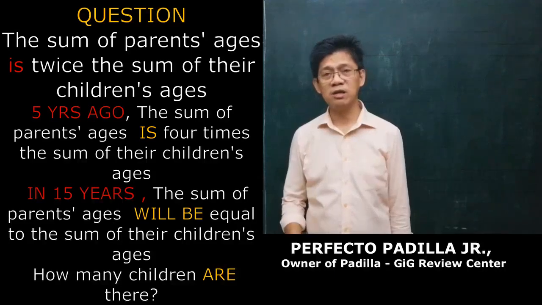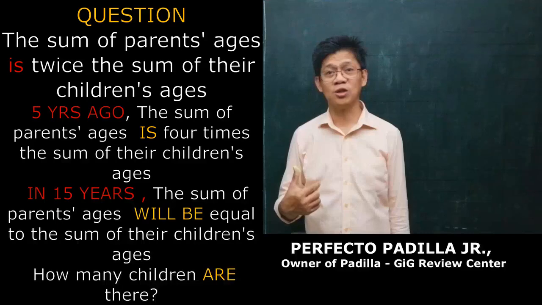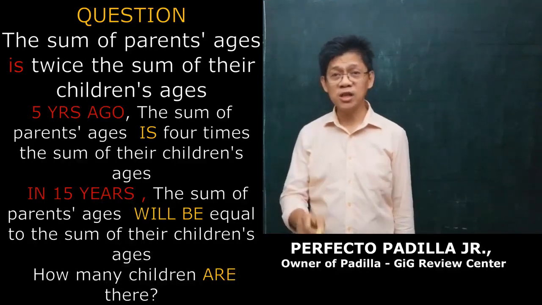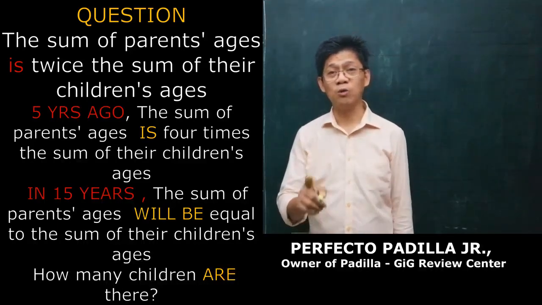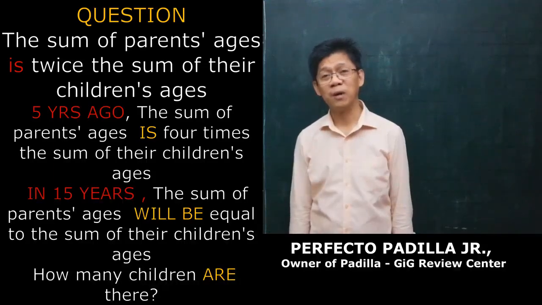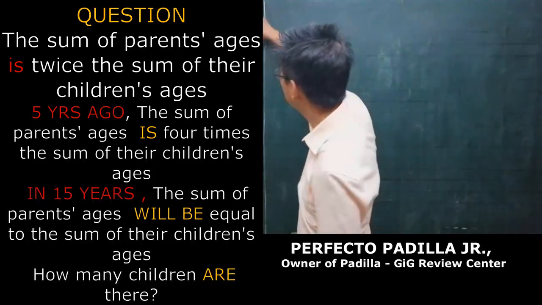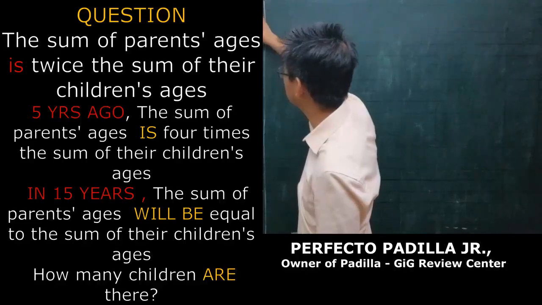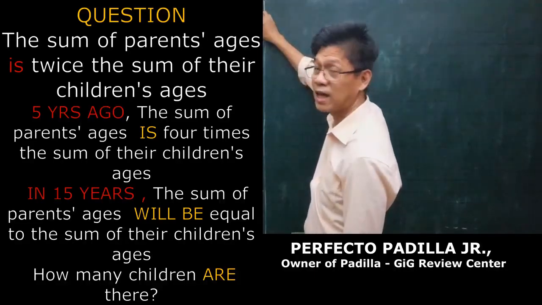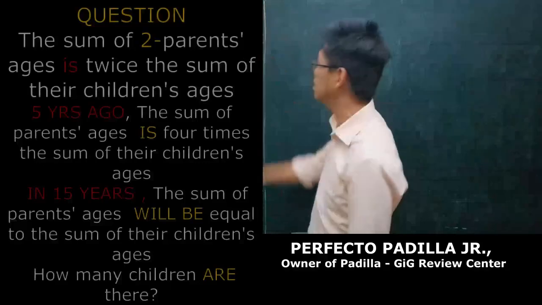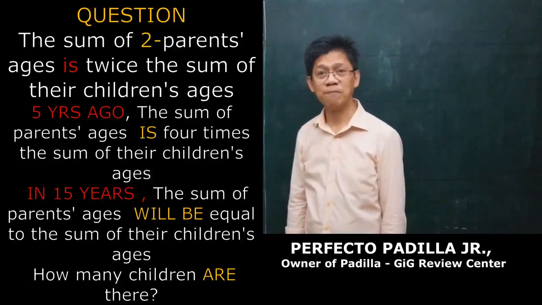So most likely the reason why the examiner did not mention the number of parents is that he was talking of only one pair of parents, one couple. Meaning, the parents are mother and father, there are only two persons.